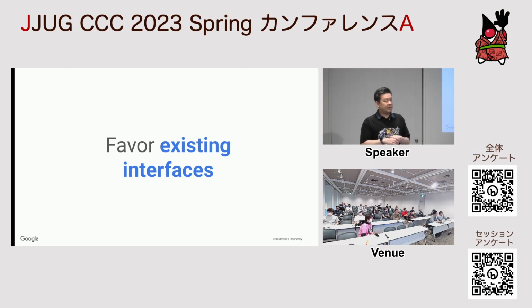And now that it has been a lot of time since Java 8, a lot of developers already know what those interfaces do, like Function, like Consumer, like Operator, BinaryOperator, and other interfaces. So we already created a pattern language based on those interfaces. So we should try to avoid most of the time creating new interfaces. So favor existing ones.